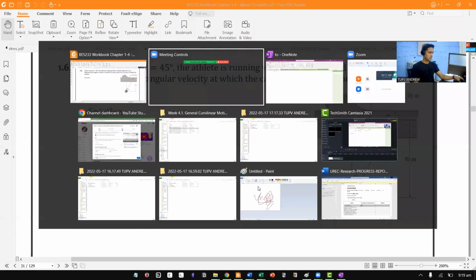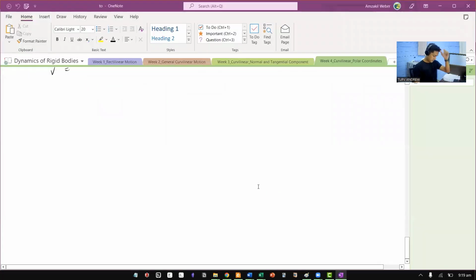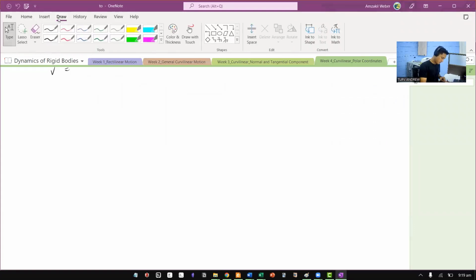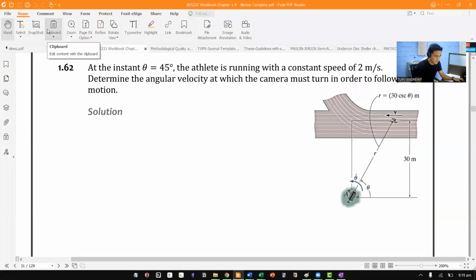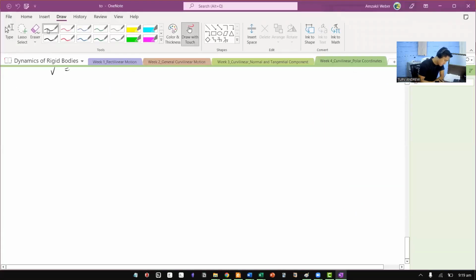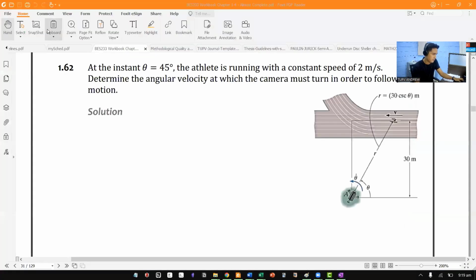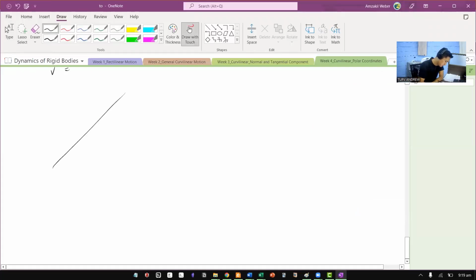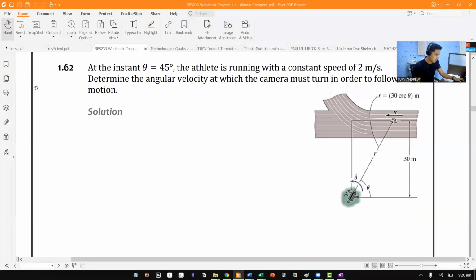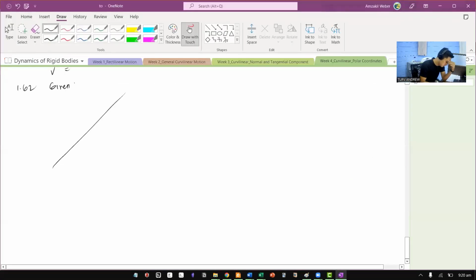Let's try. First, let's draw a figure. We have R, we have the runner, we have A. There is no angle given yet, only the 30 meters. So we arbitrarily draw this angle.